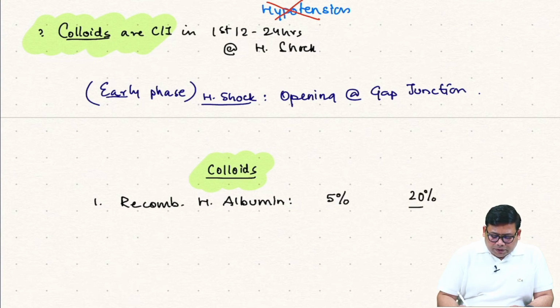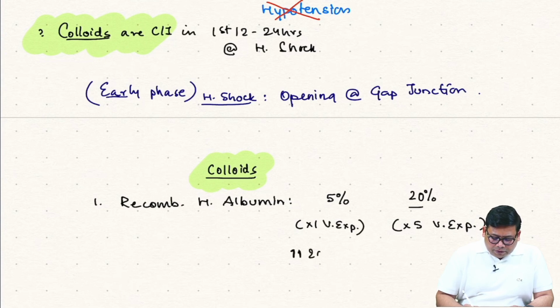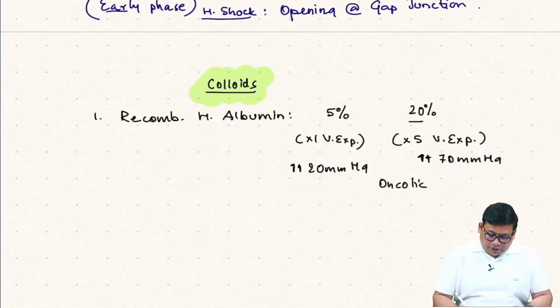Do you know 20% causes 5 times volume expansion and 5% causes 1 time volume expansion. 5% increases the oncotic pressure by 20 mmHg, and 20% increases the oncotic pressure by 70 mmHg. So this is again very important, that the oncotic pressures are also elevated in this.